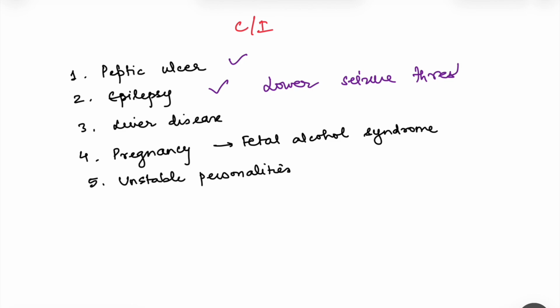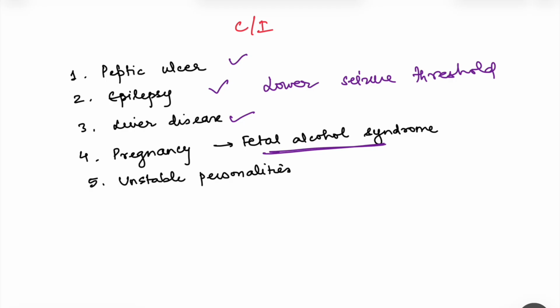So in epileptic conditions. Then in liver diseases, because it will lead to more damage to the liver cells. In pregnancy, it causes fetal alcohol syndrome, where alcohol can lead to low birth weight and growth retardation basically. It can also lead to issues with central nervous system development.